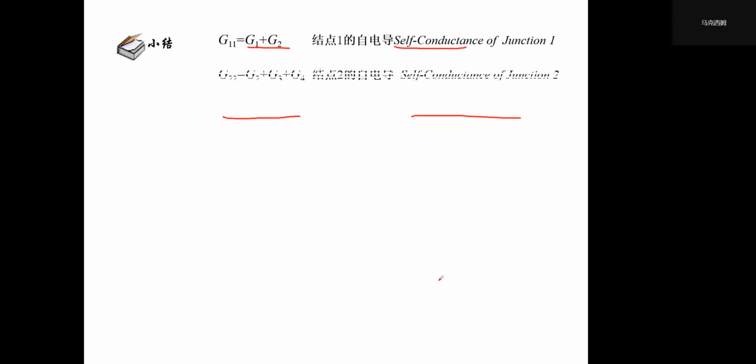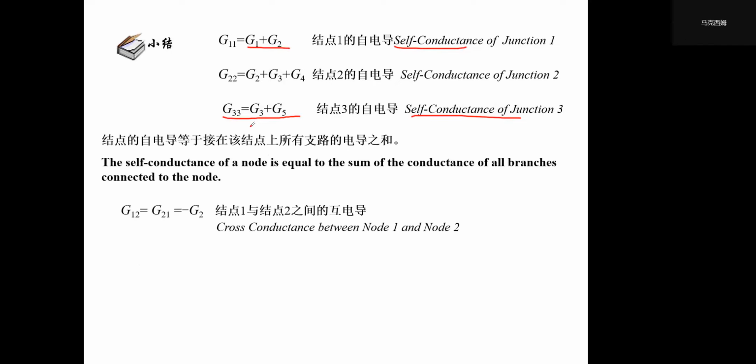Now we have the self-conductance of each node. And G12 equals G21 equals negative G2.